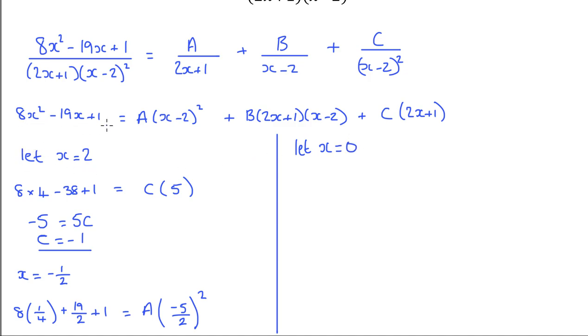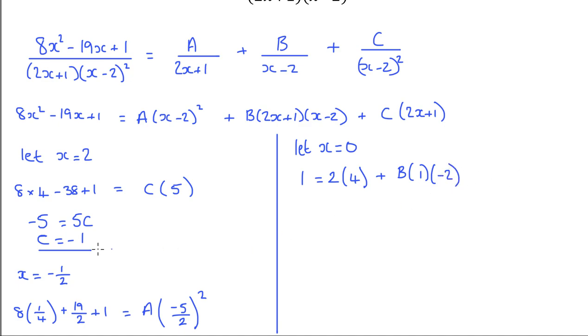On the left hand side that will give me 1. On the right hand side that will give me a lots, but we know what a is. A is 2. So 2 lots of negative 2 squared, so that's 4. B lots of 1 when x is 0, 0 plus 1 is 1, times by negative 2.